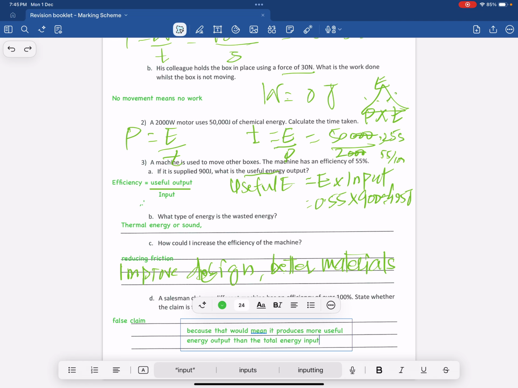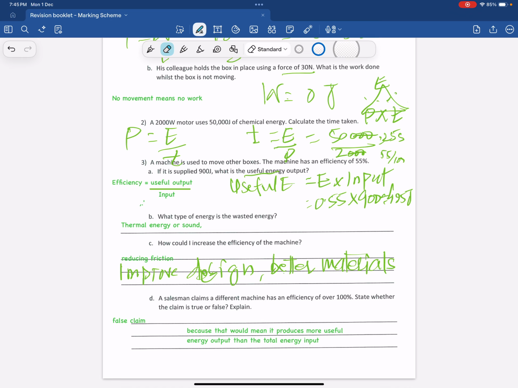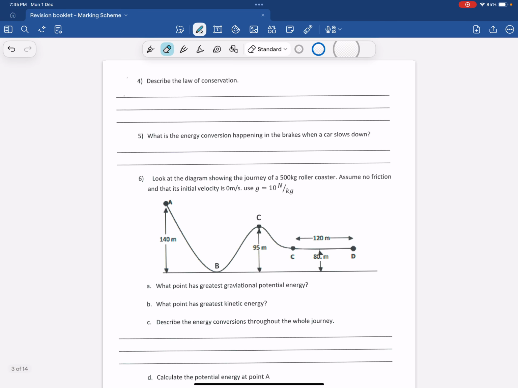That should be the answer of this one. So we go for the next question.